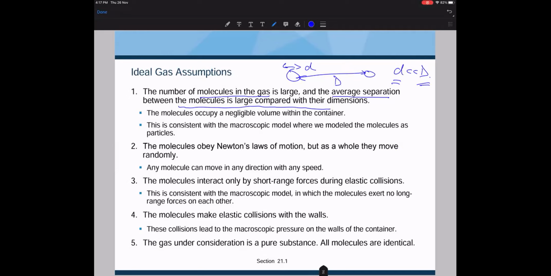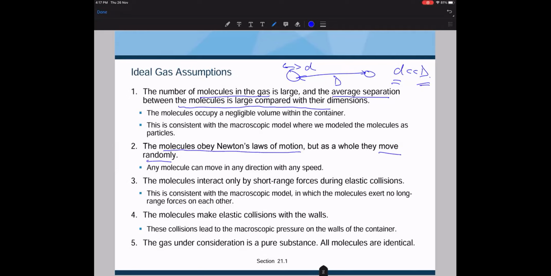And secondly, we assume that the molecules obey Newton's law. This is particularly true when they are having collisions. But in general, when you have the gas molecules moving independently, according to Newton's law, they would not change their speed unless they are colliding. And they are moving most of the time in a random way, unless they have collisions.